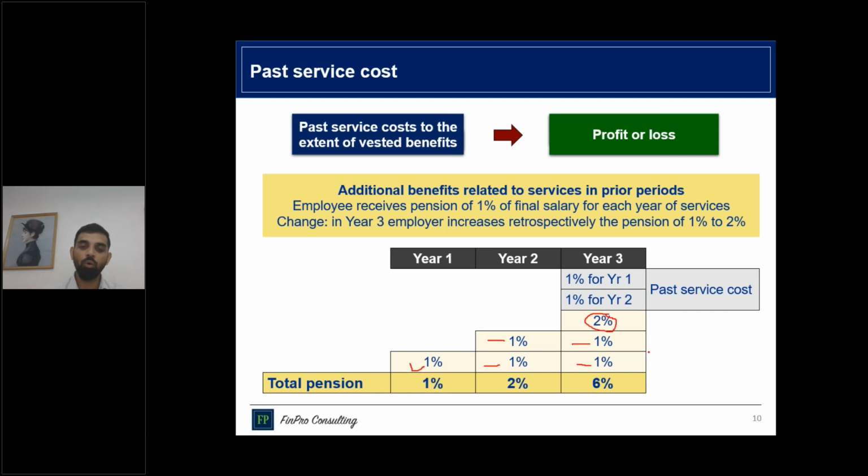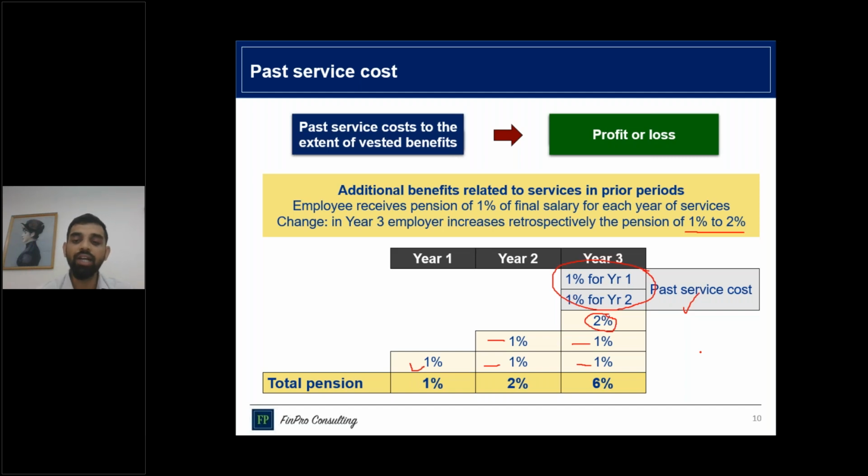And whatever is the additional benefit, 1% of year 1, the differential amount, and 1% of year 2, again the differential amount, this additional expenditure that we are recognizing because of the change in formula from 1% to 2% is called past service cost, because it is an additional expenditure relating to services provided by the employee in previous years, and that is why it is known as past service cost.